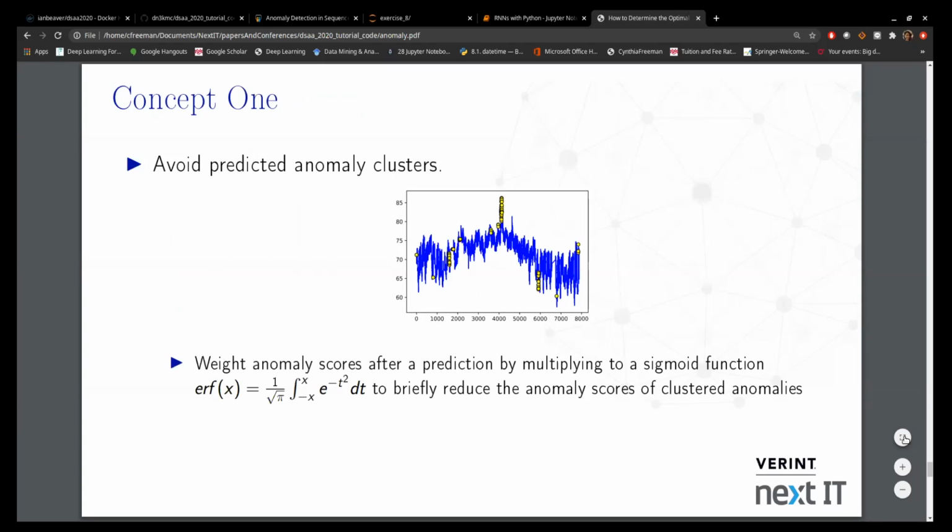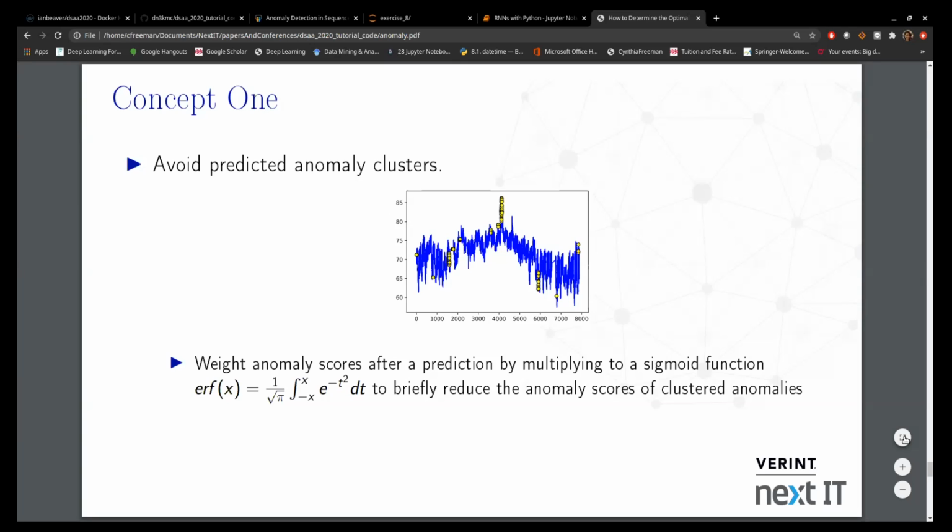So when an anomaly detection method predicts an anomaly in a time series, these predictions tend to occur in clusters, like in this time series. On time step 4200, there's the spike, and the arbitrarily chosen detection method, which in this case is Facebook Prophet, detects this massive cluster of anomalies, which are the yellow circles.